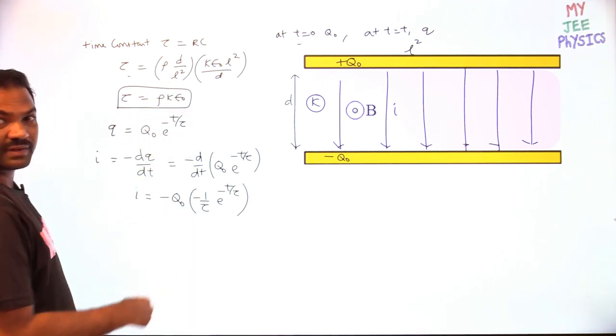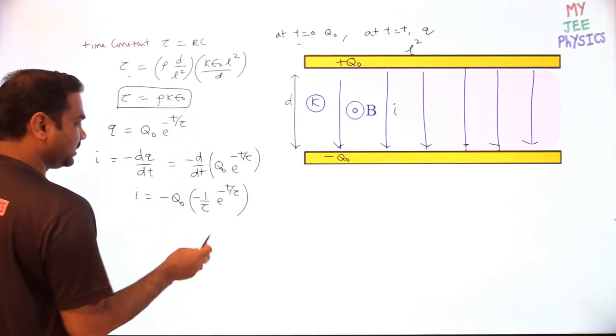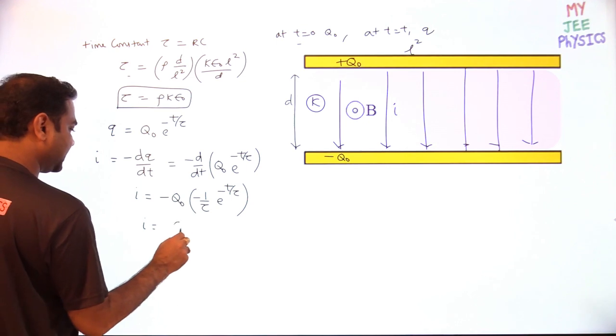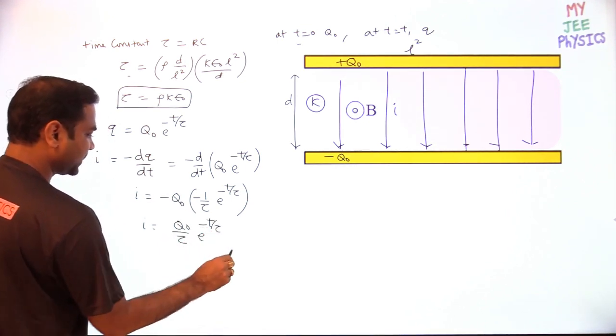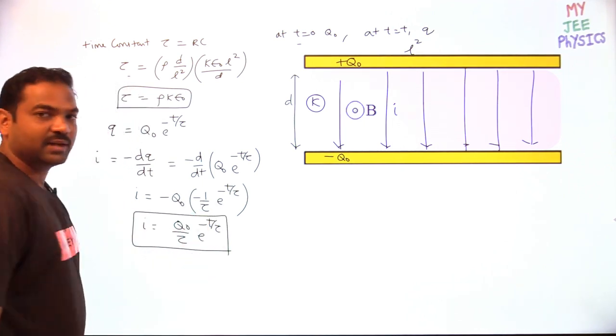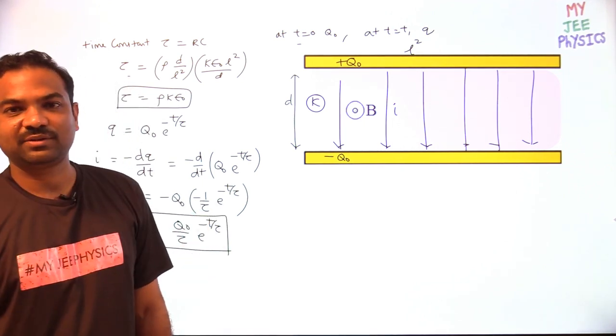If you want, you can write the tau value also, which is rho k epsilon naught. So the final current value is Q naught by tau into e raised to minus t by tau. If this is the current, then I can find the force acting on the dielectric.